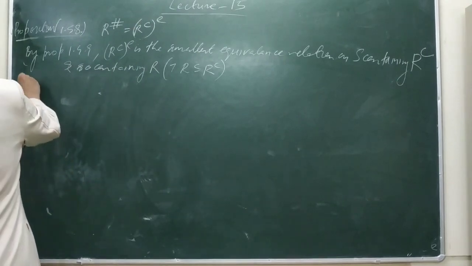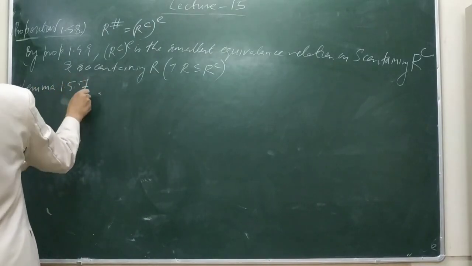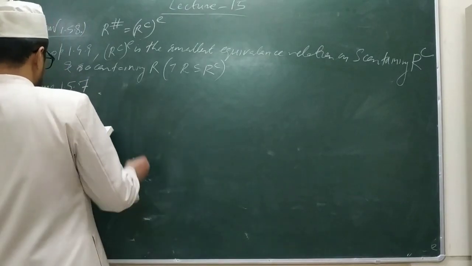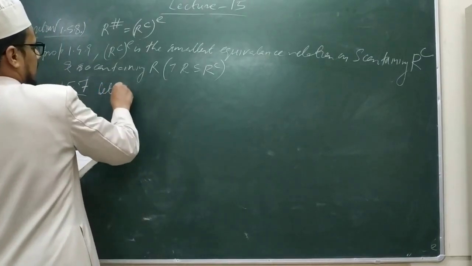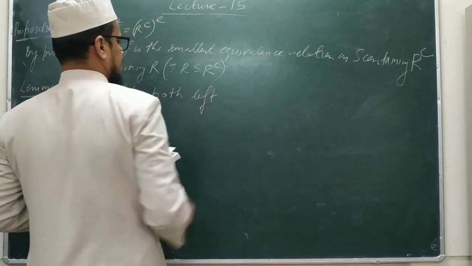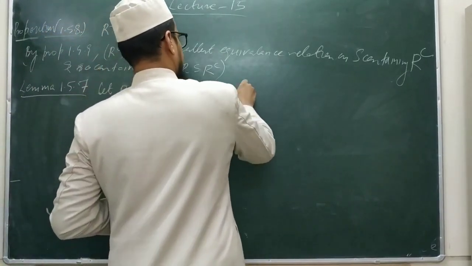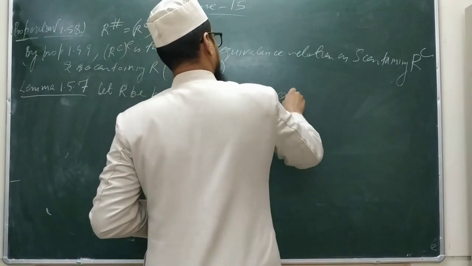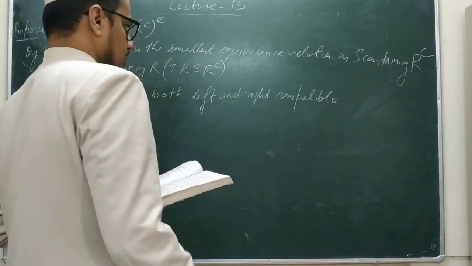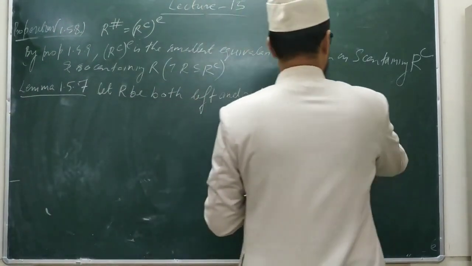Lemma 1.5.7: let R be both left and right compatible relation.